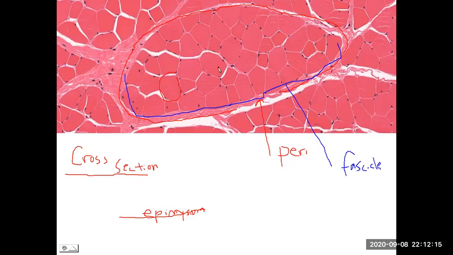Moving deeper in now, you notice here we can see an individual skeletal muscle fiber.